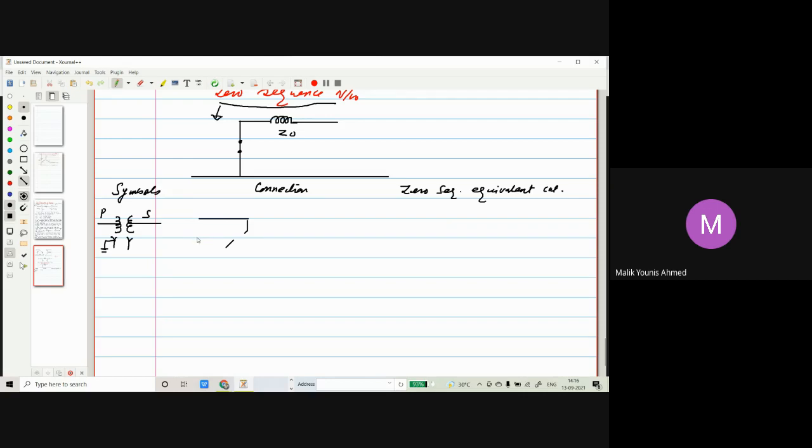Okay, this is star connected. And let us copy this.